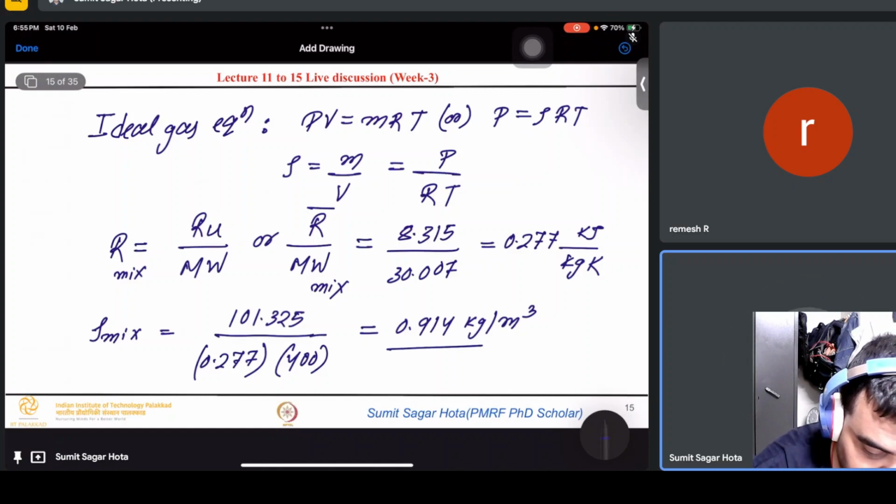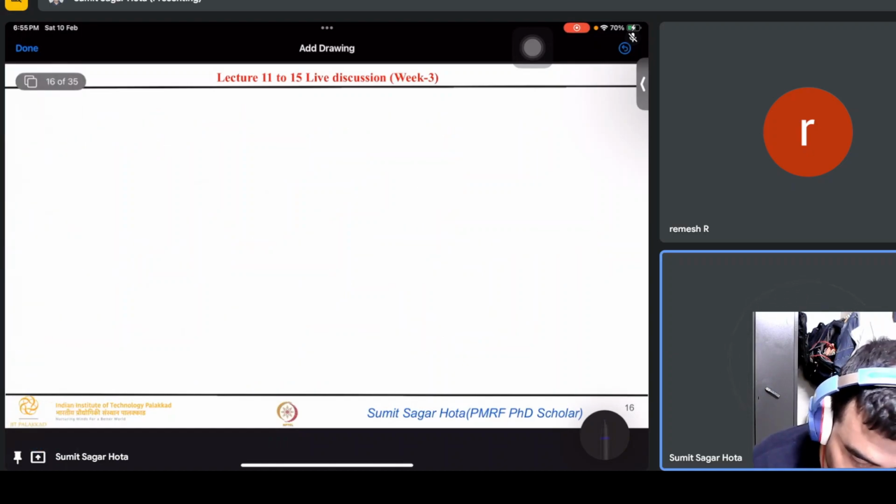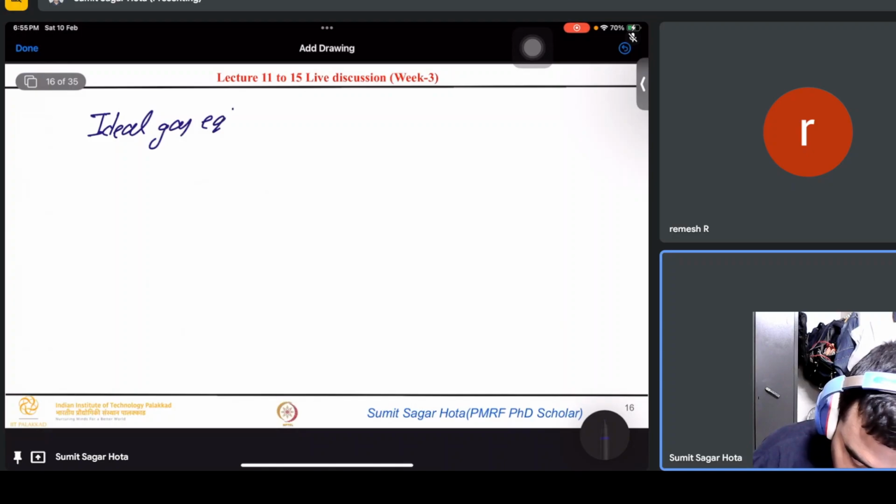Then can we apply the ideal gas equation on molar basis?